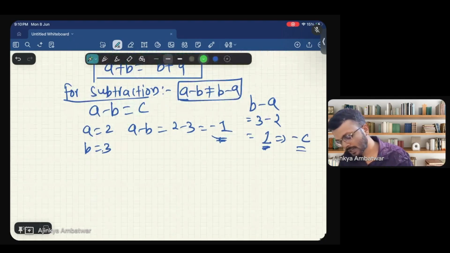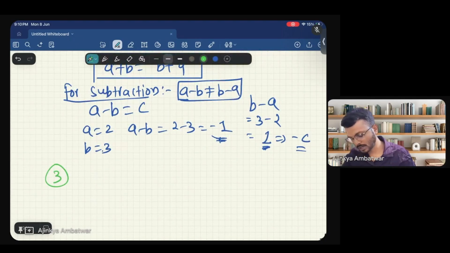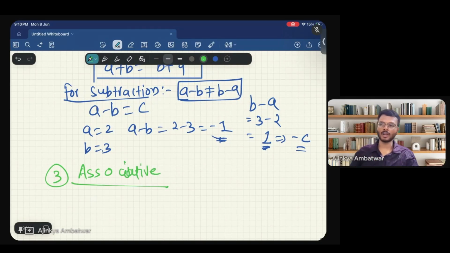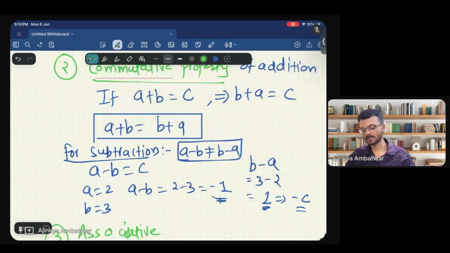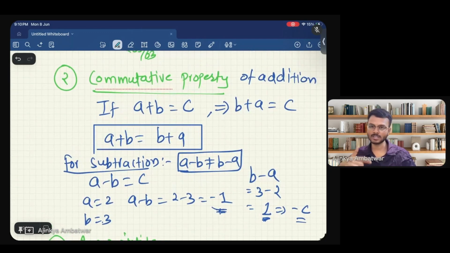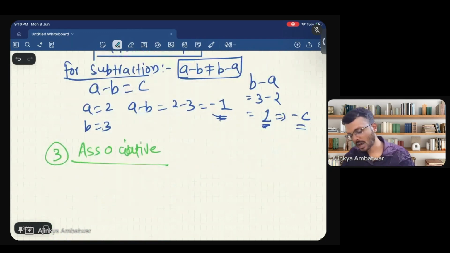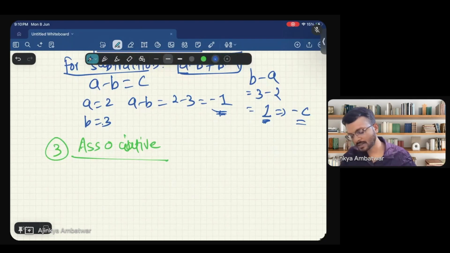Next we will see the property called associative property. Associative property is nothing but a fancy way of writing the commutative property. The second commutative that we have seen, it's just a fancy way of writing this. How do I write associative? It's like this.